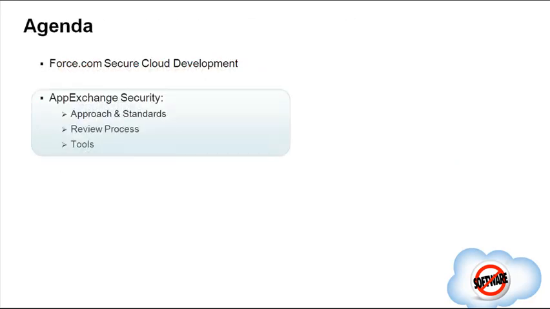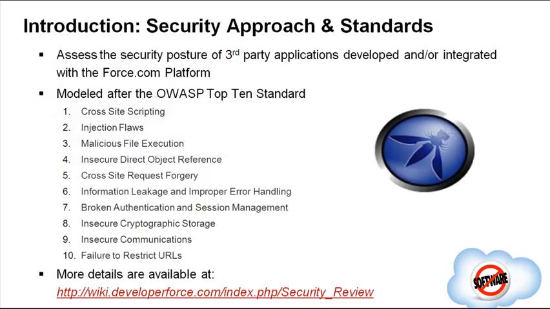Let's go into the second part of our discussion today, which is more about the AppExchange security process. The goal behind this process is to assess the security posture of applications that you as partners are developing or integrating with Force.com.